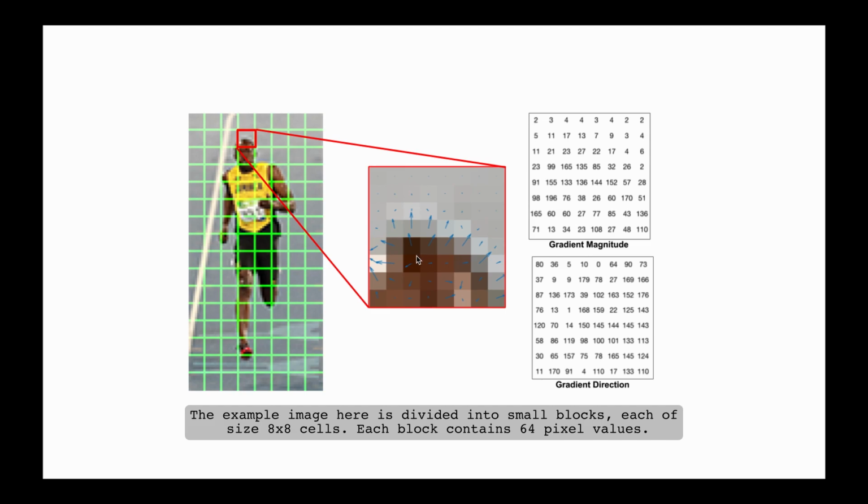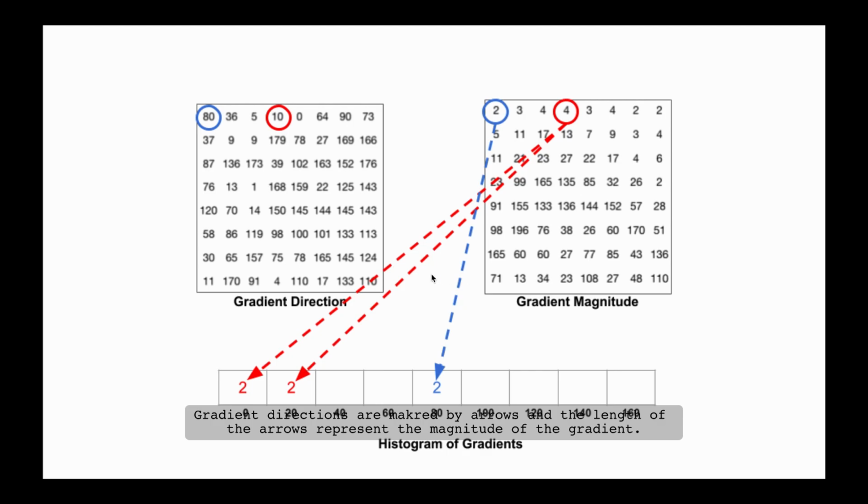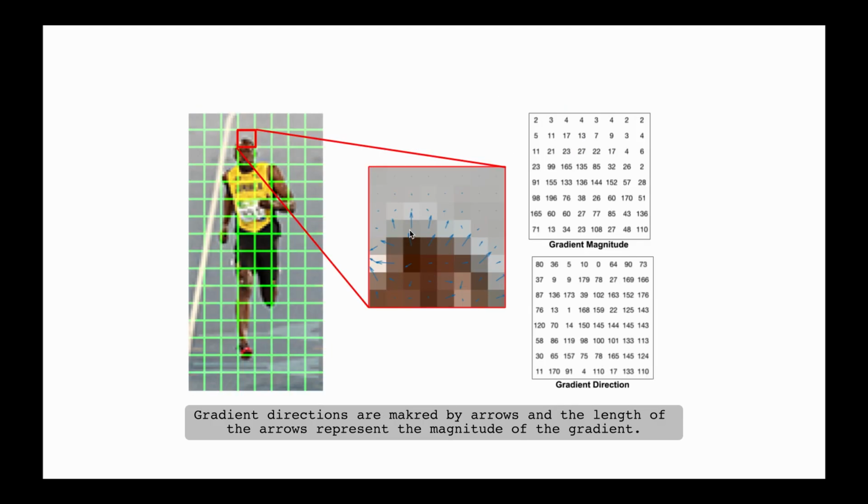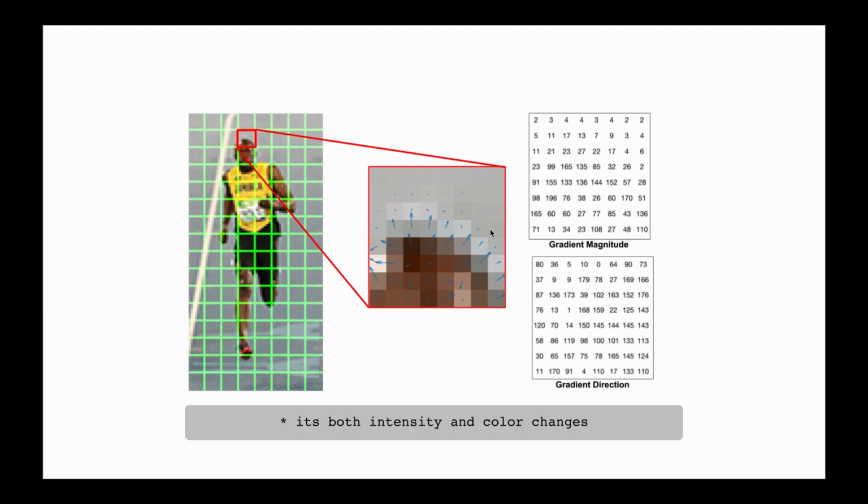And here you can see the gradients that are being fired. The prominent horizontal gradients are these, and the vertical gradients are these. This is where the changes occur from dark to light and light to dark. These are the intensity changes that should be noted, and not the color changes.